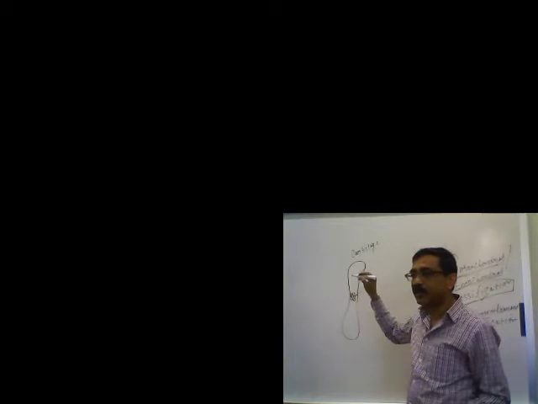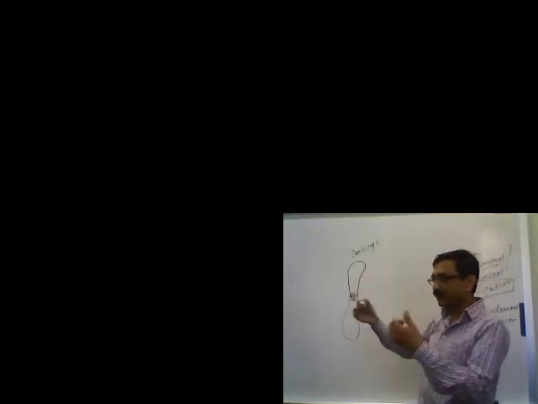inside the cartilage. In the center of the cartilage, these cells, we know that cartilage consists of chondrocytes, right? Chondro means cartilage. So these cells, chondrocytes, will be converted to osteoblasts.